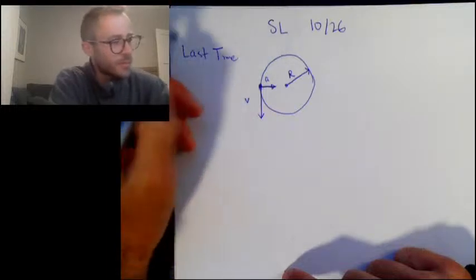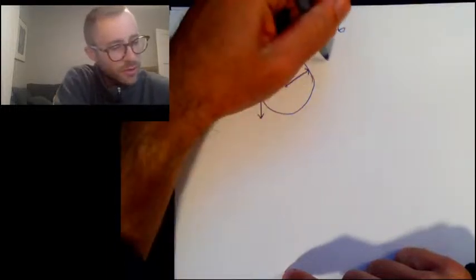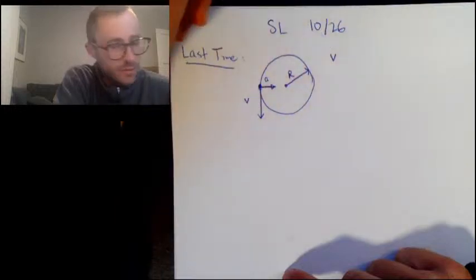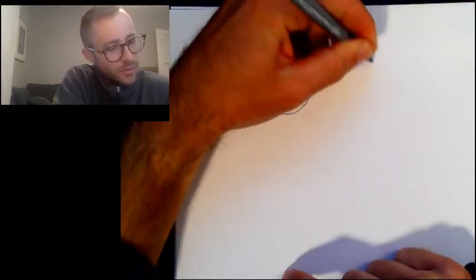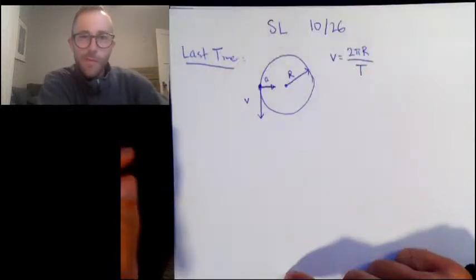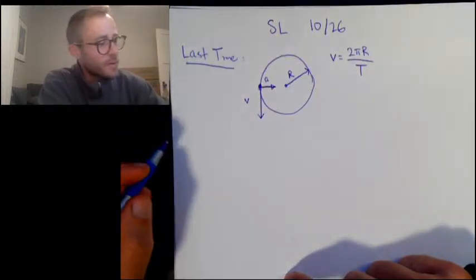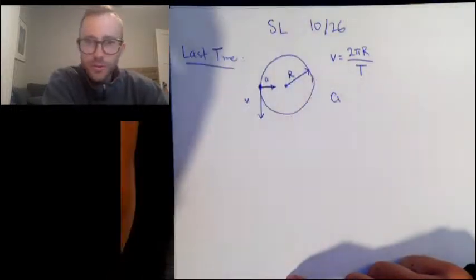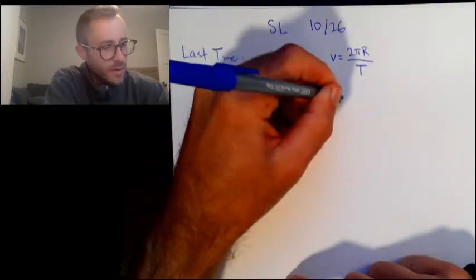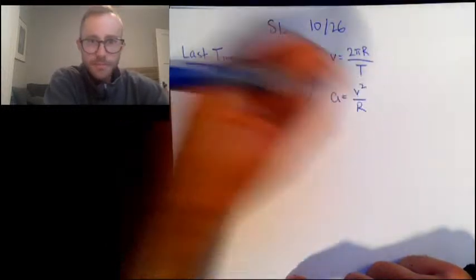I gave you some formulas for velocity, or I should say speed, in circular motion. It's 2 pi times the radius divided by the period. Then I gave you an equation for the centripetal acceleration, which is v squared over r.